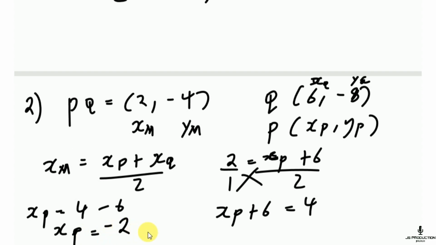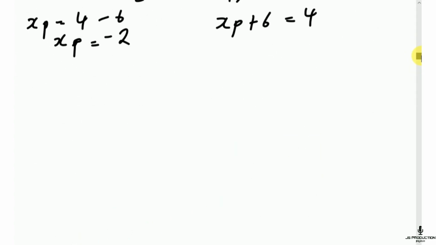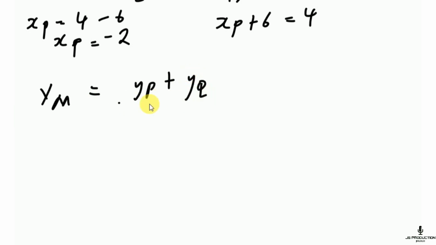Let us find the y coordinate for P. We're going to do the same thing. ym is equal to yp plus yq divided by 2.